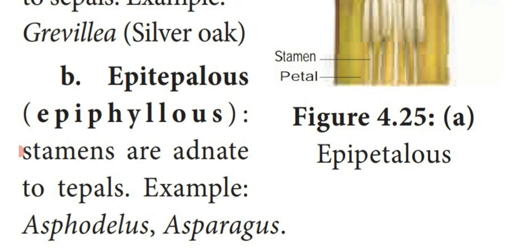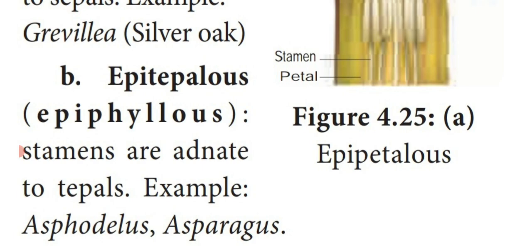Another one, epitepalous. Dear students, what is tepal? I told you in the class, in some of the plants, the flower contains only two whorls, other whorls are absent, or may be modified into another form, and is known as perianth. That flower is known as imperfect flower.